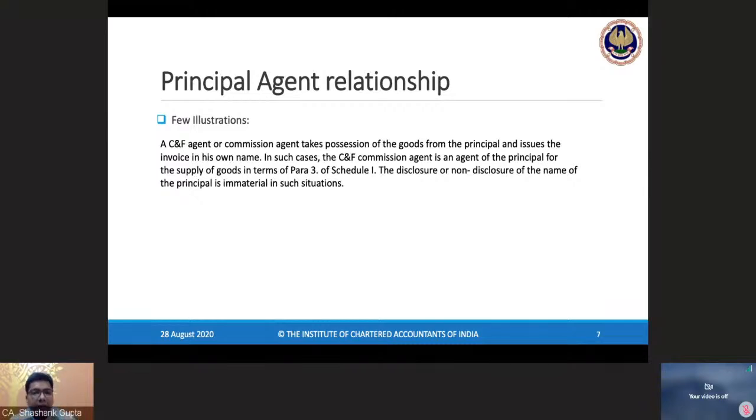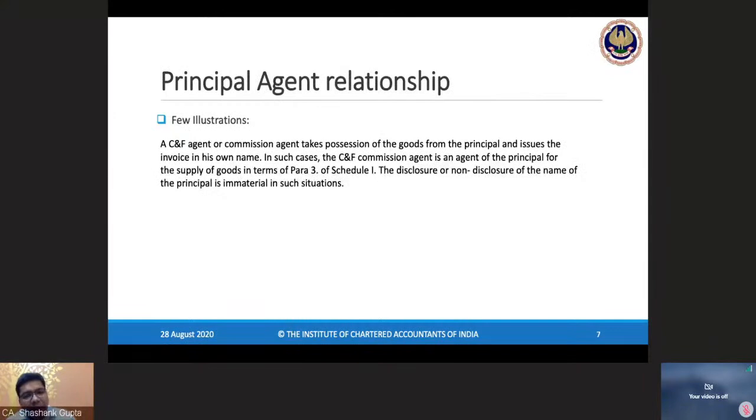And in effect, let me tell you another side of it. Is there any harm in this kind of transaction? That is where the agent is supplying goods and he is being made liable in accordance with Schedule 1 to be liable to pay GST. Is this any loss for the agent or is this a benefit? Let us think through.